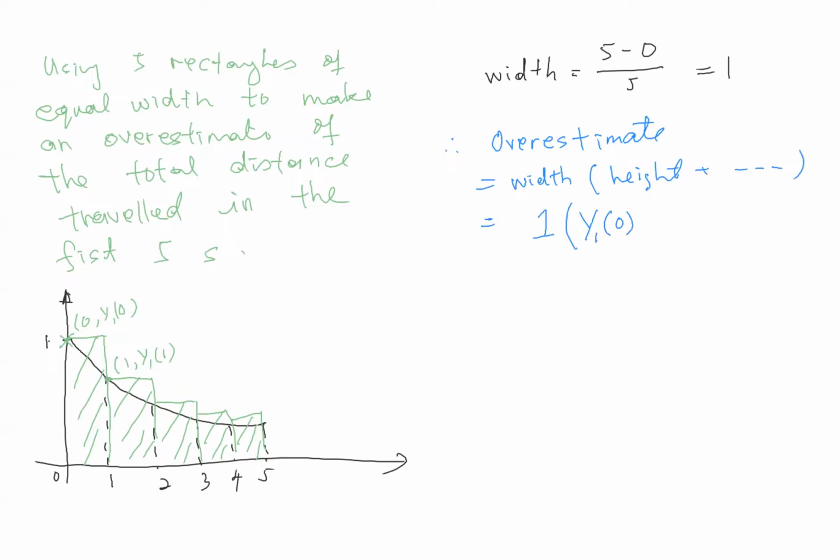The second rectangle is y1(1). And the third rectangle is y1(2). The fourth rectangle is y1(3). And the fifth rectangle is y1(4). You can just keep calling out and get the answer.